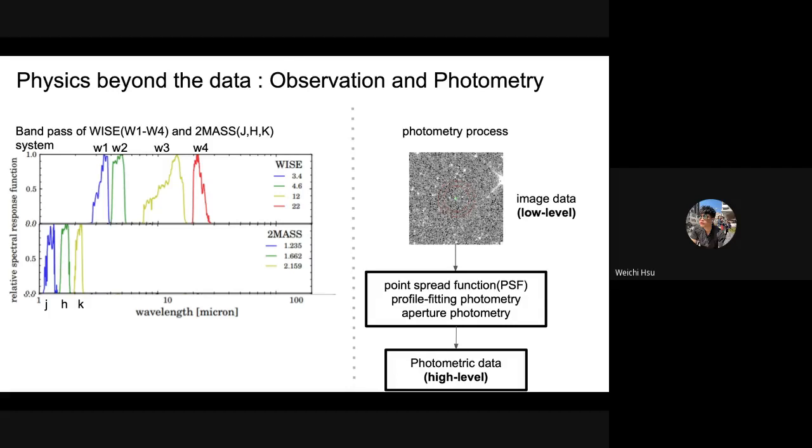The result from the low level feature is the magnitude of the star, the chi-square, and the signal to noise ratio from the photometry. So we get 4 data from each band. So in total, we have 28 features. And the 28 features are calculated from the image? Yes.